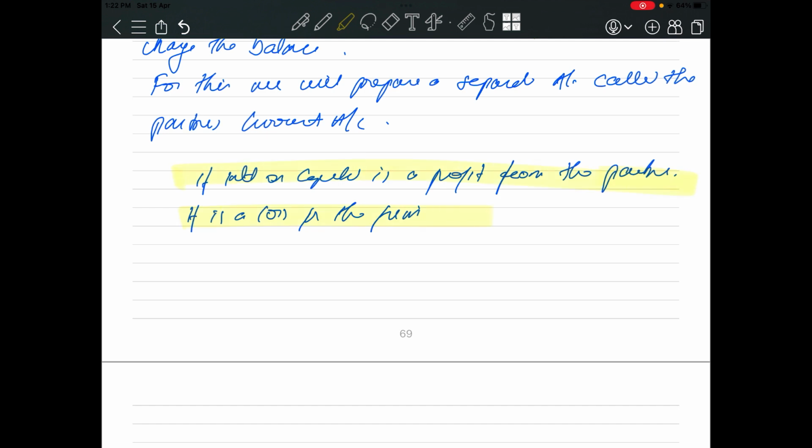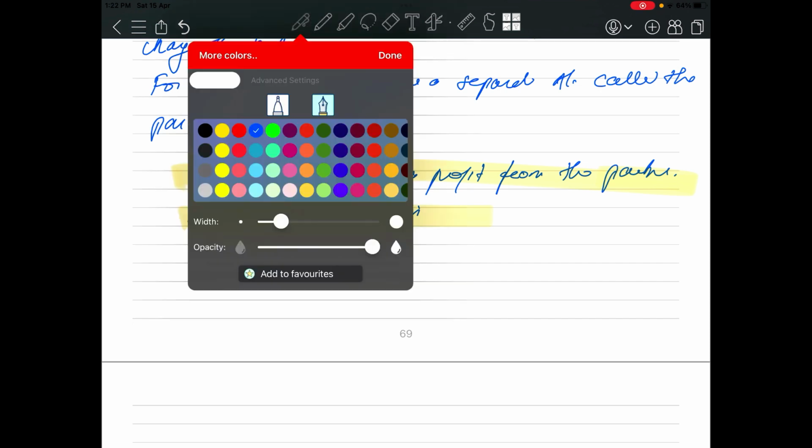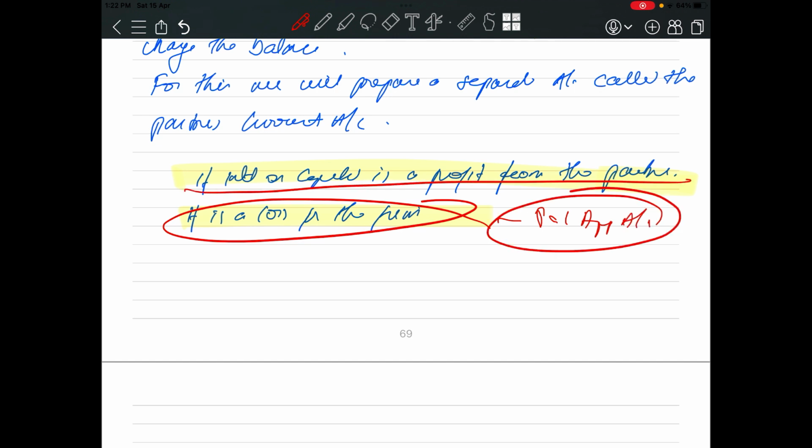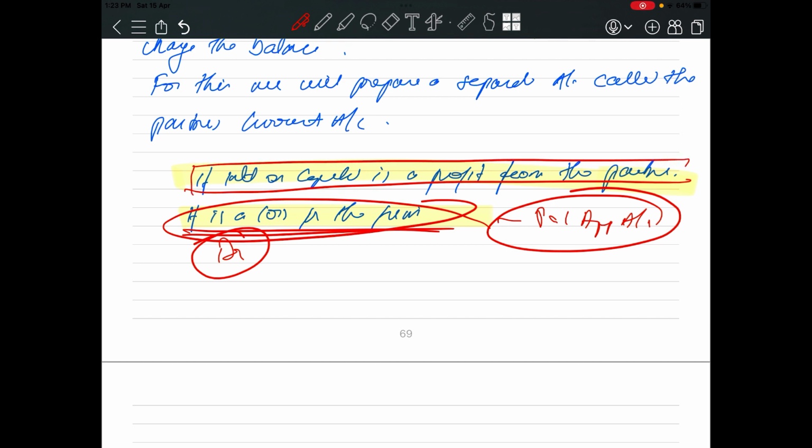So the loss for the firm will be treated in the P&L appropriation account, and we'll have to make treatment for the gain of the partner also. Interest on capital we used to write on the debit side of the P&L appropriation account. Now, who is getting this interest on capital? The partner is getting the interest on capital, right? So we'll have to make the treatment of this interest on capital in the partner's capital account also.